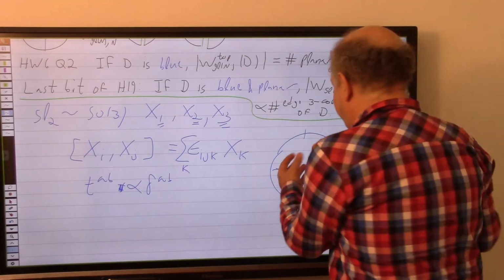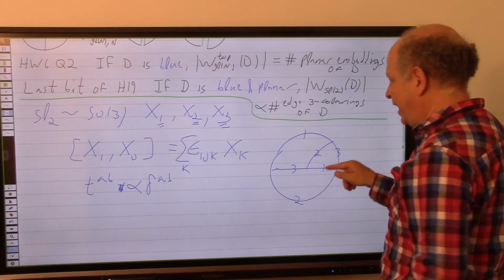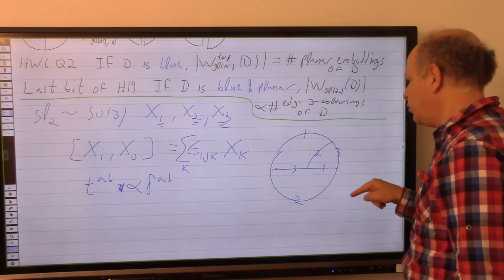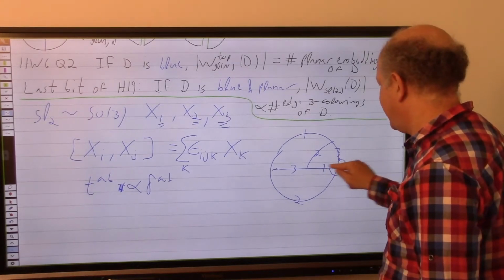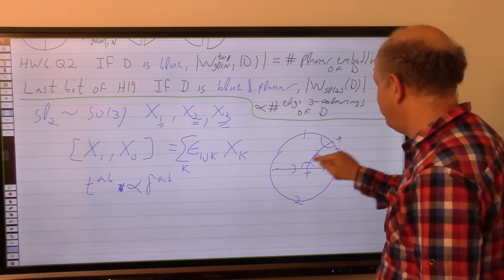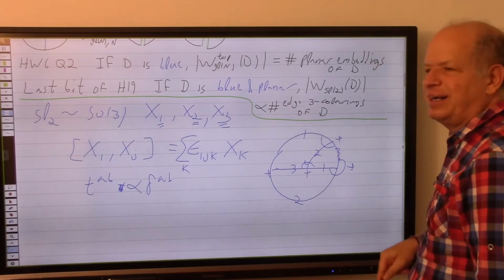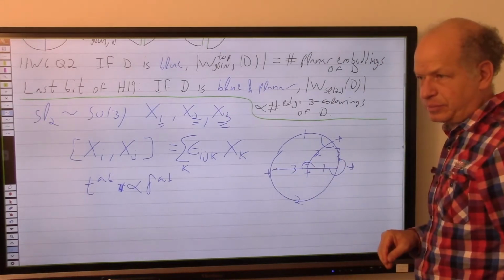And then you take such a coloring with a weight which is the sign of the permutation of colors that you see around it. So for example, for this one, you see 1, 2, 3, so it's plus, 1, 2, 3, that's plus, 1, 2, 3, that's also plus. So all of the weights here are plus, so this coloring contributes 1. Okay?